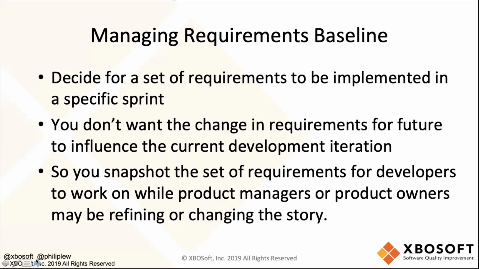Alrighty, so I think what you just saw Cheney discussing is how to create a snapshot of a set of requirements, called a baseline or a version, for the requirements or user stories that you're going to be working on within a sprint. And like you said, those things should not change within a sprint.